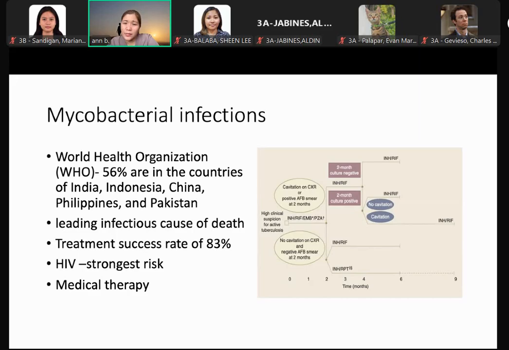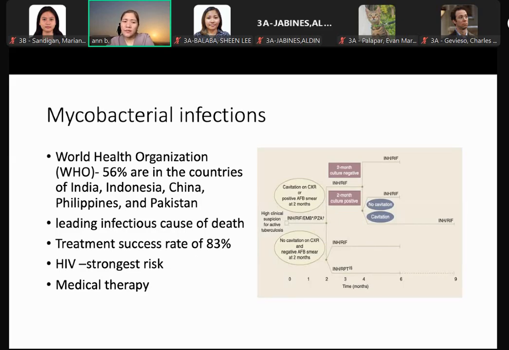The treatment success rate is 83%, but that was too high for the Philippine setting. I can say that the DOH failed to have this TB treated, especially in the urban and squatter areas. So we still have patients who come in for massive hemoptysis because of this TB infection.